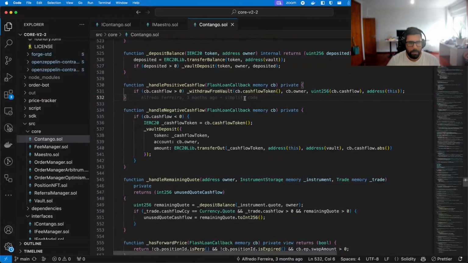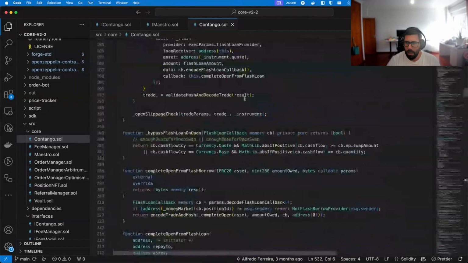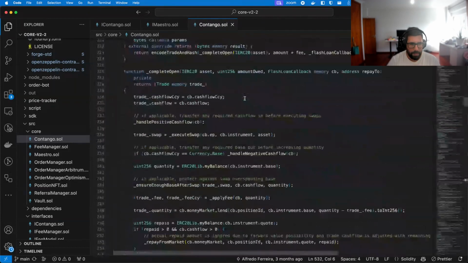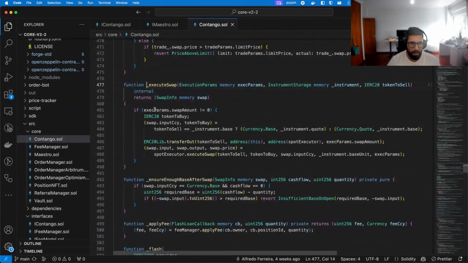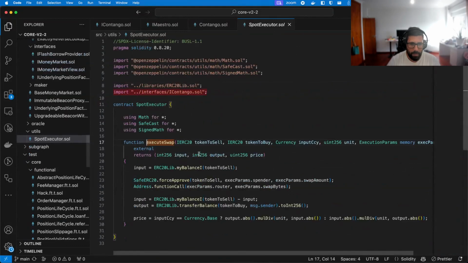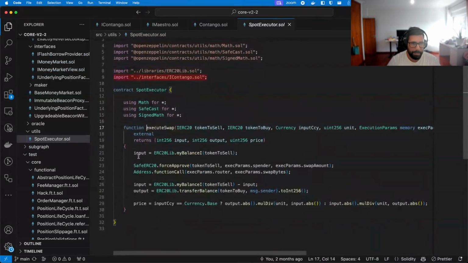And yeah, coming back to complete open, executing the swap, again, this hides the fact that we check, okay, do I have to do a swap? Then what am I buying? What am I selling? And then we have this very simple contract that is a spot executor, which is in charge of just calling the call data.